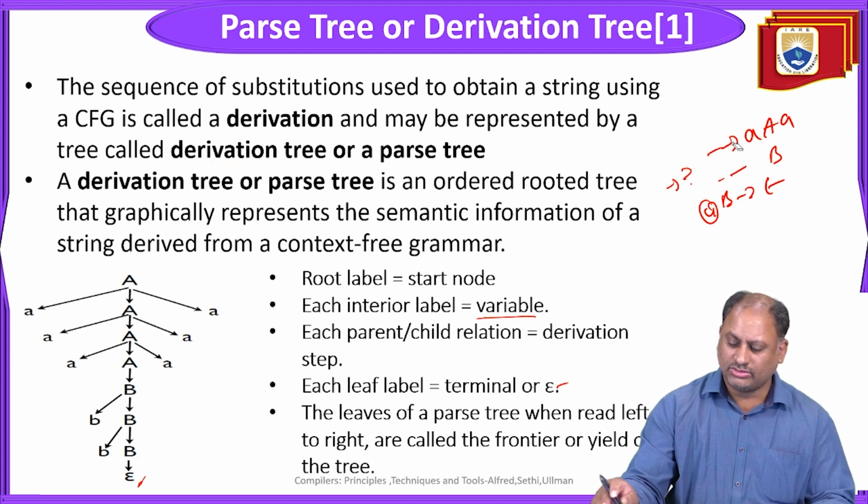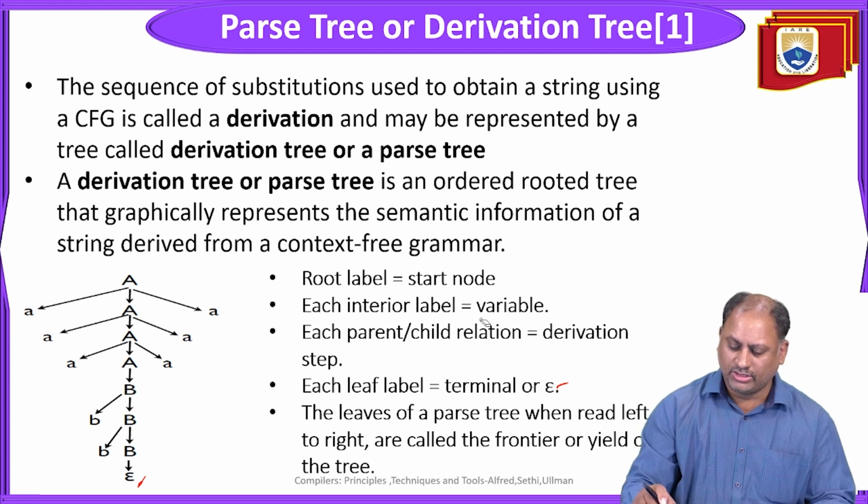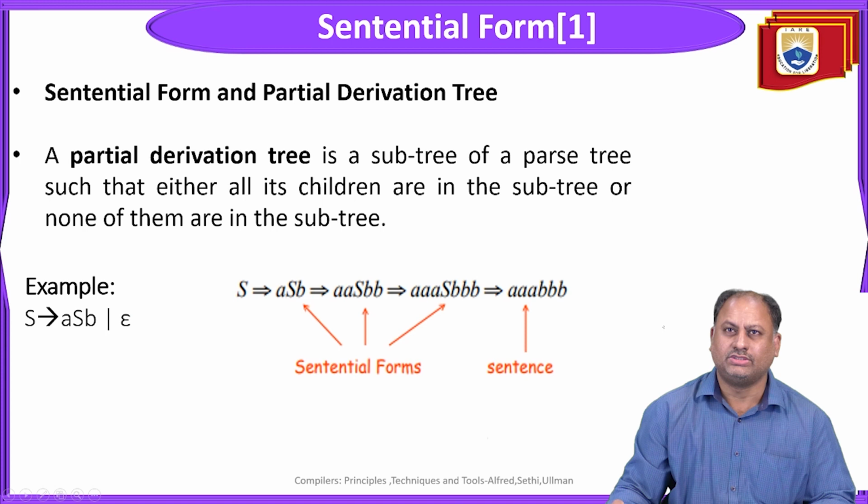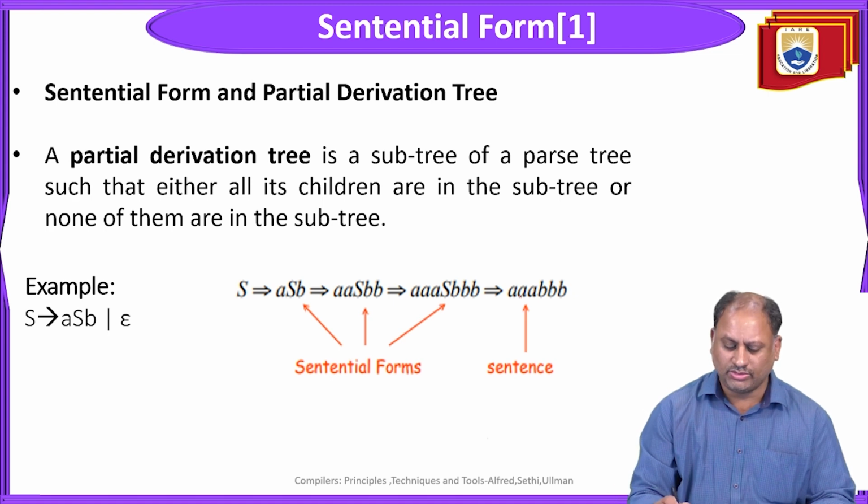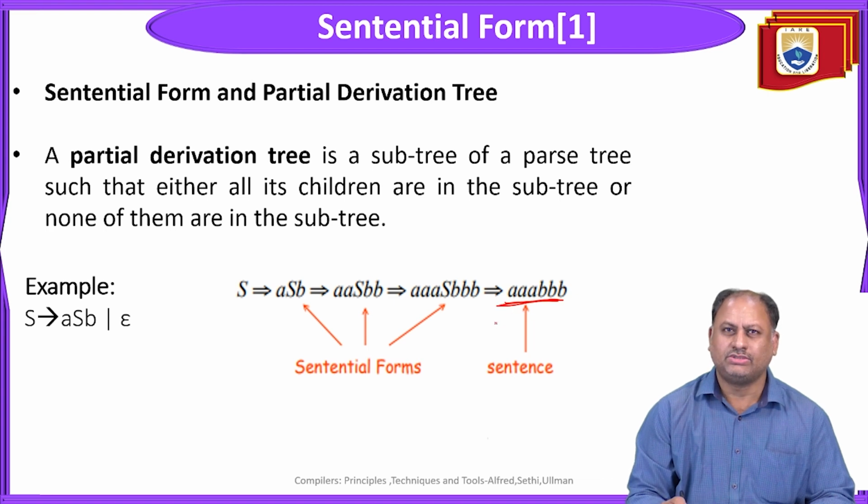So let us see how the strings are derived with the help of these productions. These derivations are called sentential forms. For example, in this case we are going to get the resultant string AAAB, so what are the steps to be used for this?